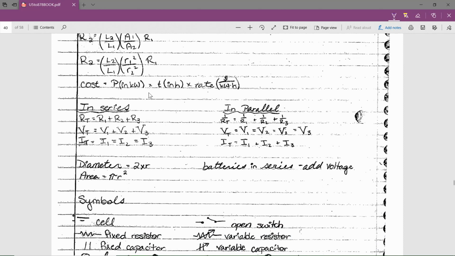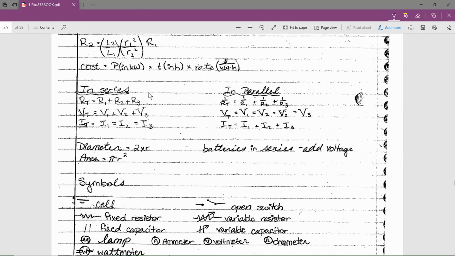Cost of energy, power times time times the rate, power in kilowatts times in hours times the rate in money per kilowatt hour. Using kilowatt hours is just a convenient way of doing things. If I'm using joules, I got to use scientific notation, and the general public doesn't like to use scientific notation.